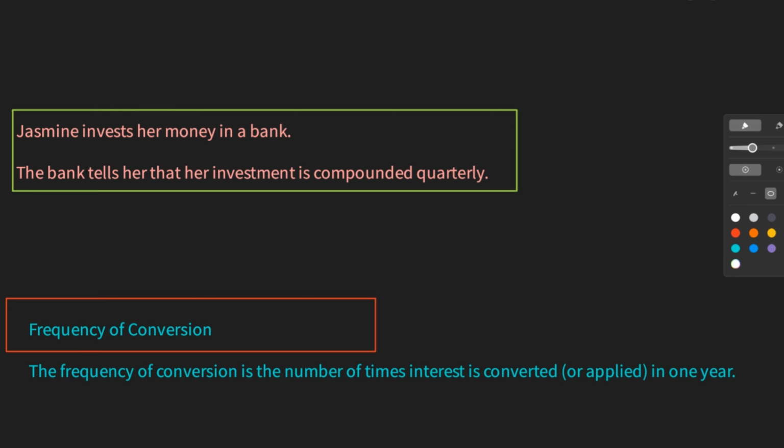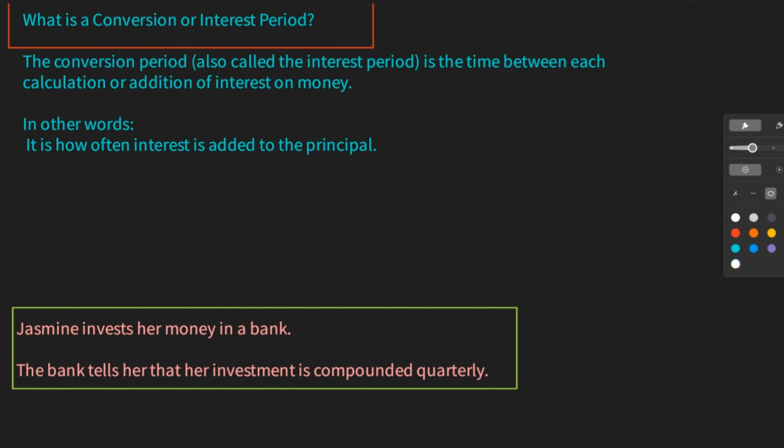The bank tells her that her investment is compounded quarterly. Since we are talking about conversion period, which is the time between each calculation or addition of interest on money, what do you think is the conversion period of Jasmine's investment?